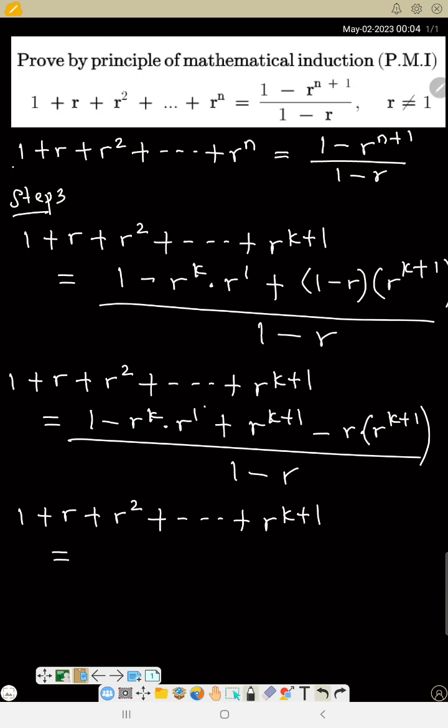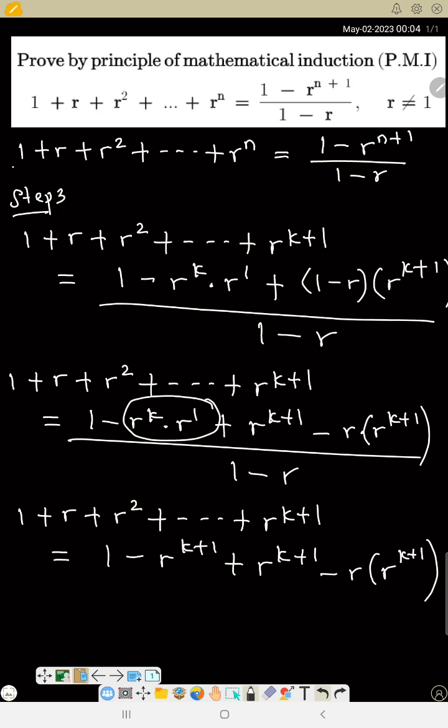So by splitting this, I thought it would be useful. But now I can see that 1 minus r raised to power k plus 1 plus r raised to power k plus 1 minus r into r raised to power k plus 1. So I've turned this back to the index form, that is law of indices.